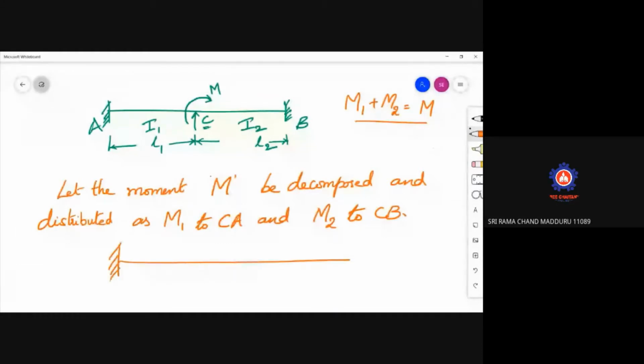So this is the span. Now in this span, this is A, this is C, this is B. Now just in the same direction, M I am writing as M1 plus M2. So this is M1 and this moment is M2.